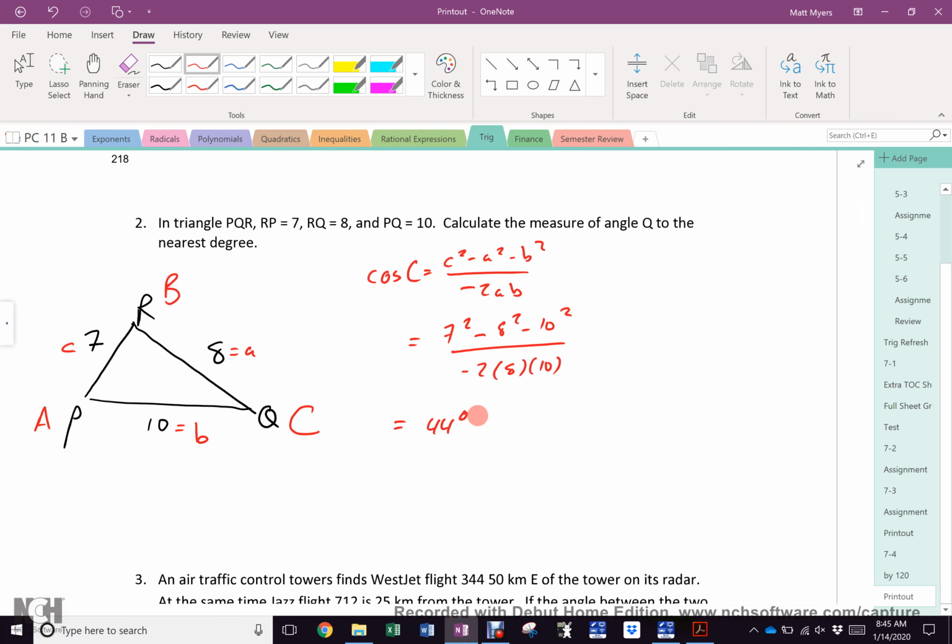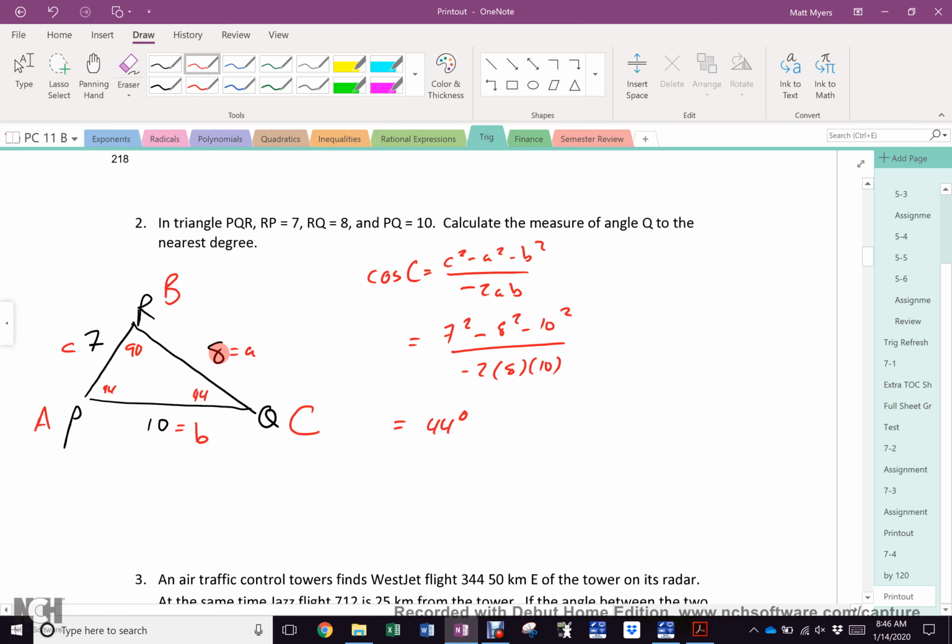Well, let's think for a second. If that's 44, 8 and 7 are almost the same, yeah? Right? Which would mean this would be what? Around 44, agreed? So 44, which means this would have to be around 90, agreed? Which means that's pretty close to a right angle triangle, agreed?